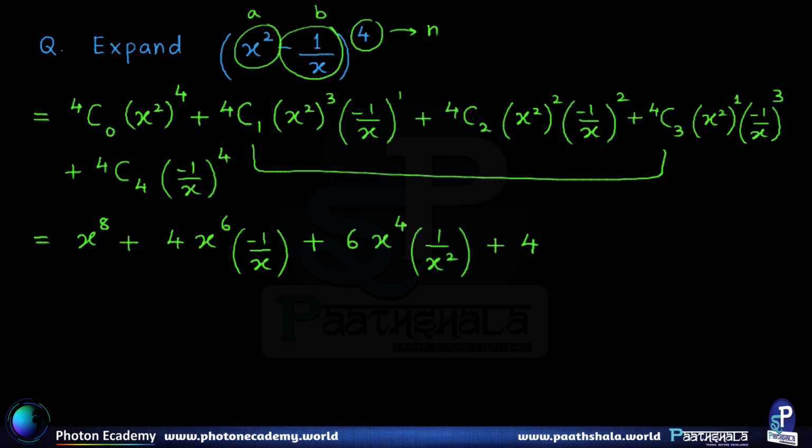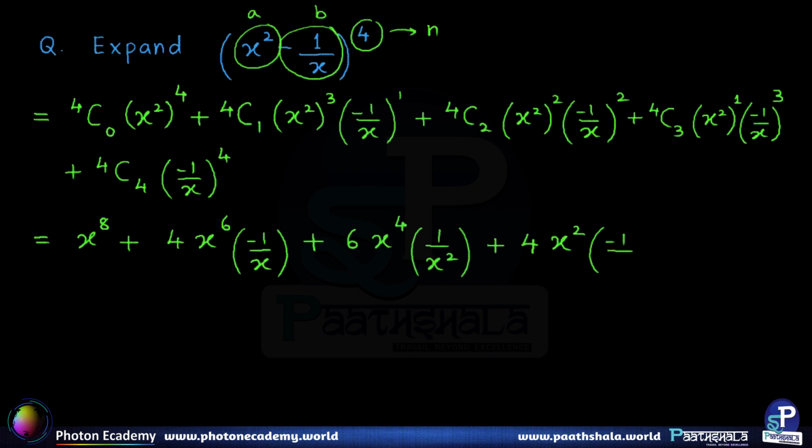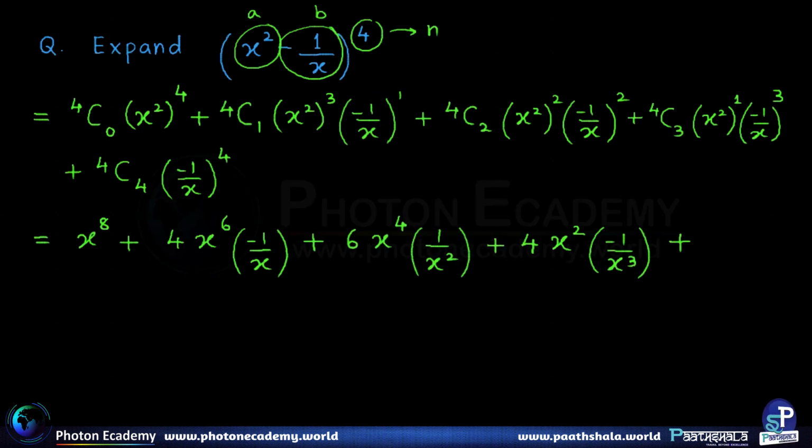We know that the coefficients are symmetric from the ends. Then x square and (minus 1 upon x) the whole cube is minus 1 upon x cube. And lastly, since 4C4 is 1, we have to just write (minus 1 upon x) whole raised to 4. So that becomes plus 1 upon x raised to 4.